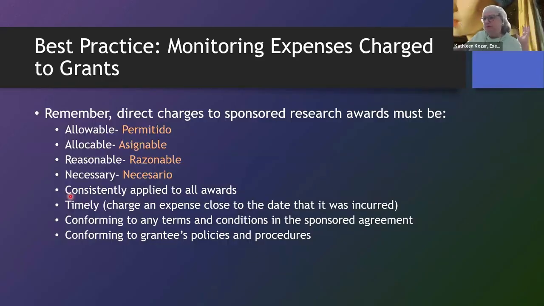A good example about consistency also applies to direct costs on a budget versus indirect costs. So if your indirect costs pay for telephones and postage, things like that, you should not expect to see those as direct costs charged to grants because you're already paying for that through your indirect cost recovery.